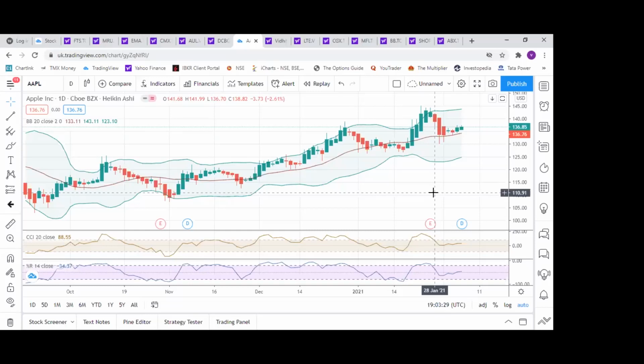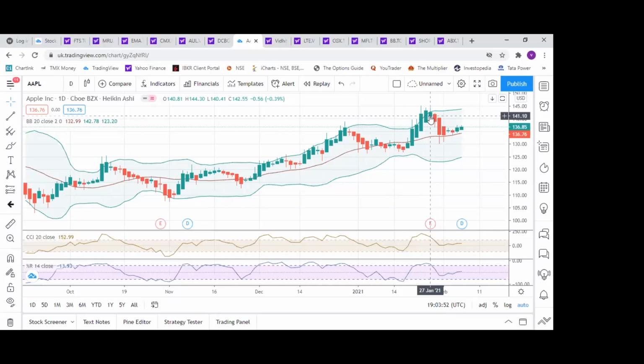So an active trader would have used this information on this day, taken the low of the previous day as the stop loss. So his stop loss should have been 138.52. It did not touch the next day.